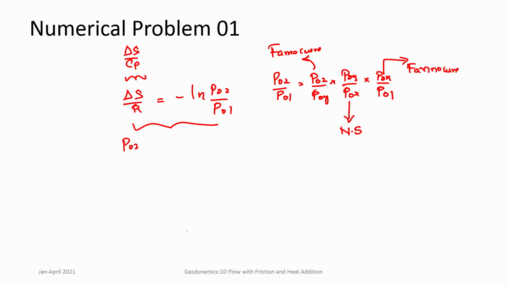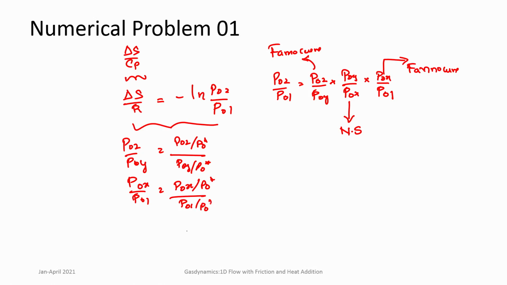So, P naught 2 by P naught y can be expressed as P naught 2 by P 0 star divided by P naught y by P 0 star, and similarly P naught x by P naught 1 is P 0 x by P 0 star divided by P naught 1 by P 0 star. You can express all these in terms of star quantities, and finally you can arrive at P 02 by P 01.